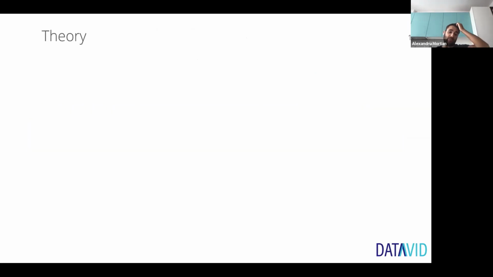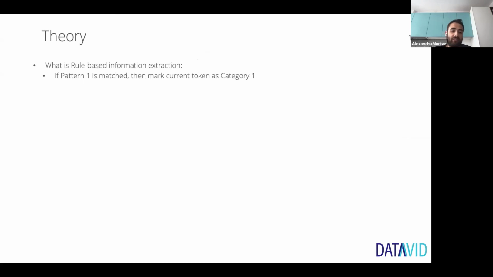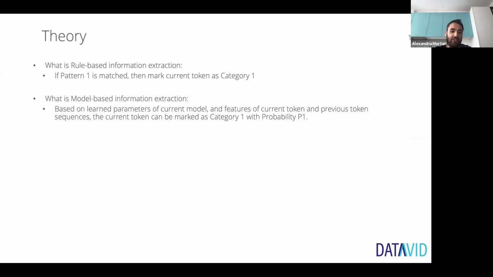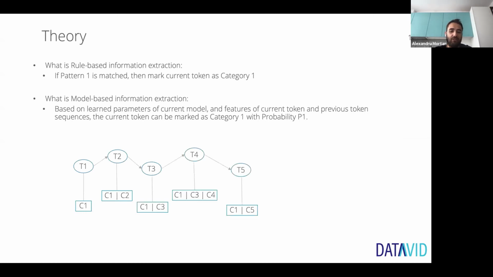There's also entity linking, which is going to be based on rule-based information extraction. So basically, you're going to write some rules. If the pattern is matched, then you're going to say, okay, this token is category 1.